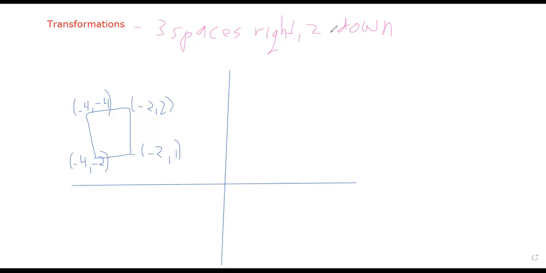So we have 4 points. And we wanted to enlarge it by a scale factor of 2, so basically get 2 times bigger. All you have to do is multiply each coordinate by the scale factor. So let's multiply each by 2. So you'll get an enlarged shape.